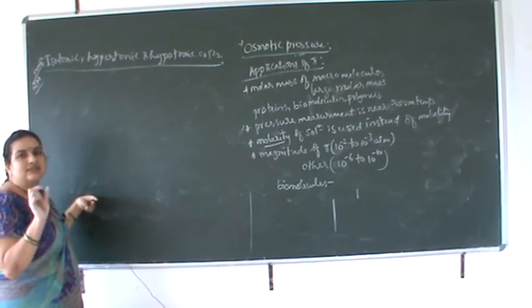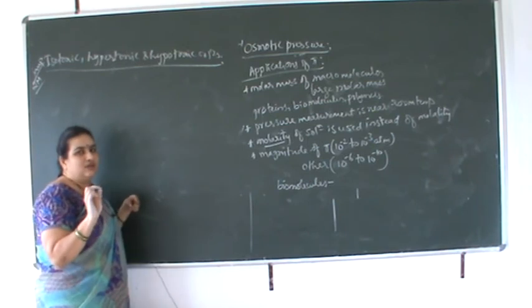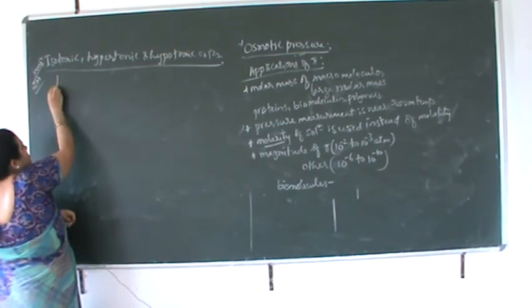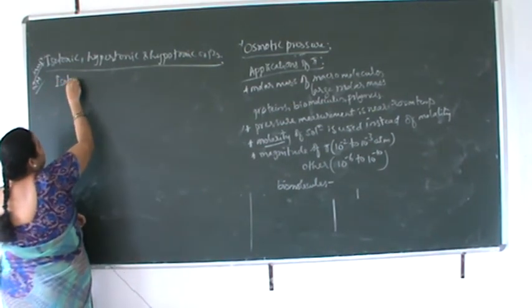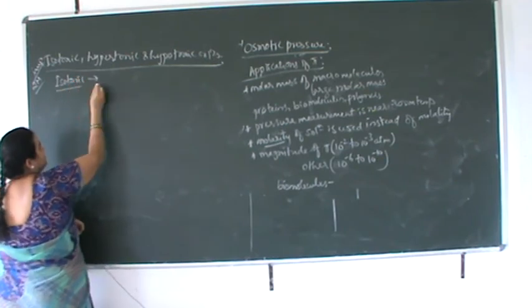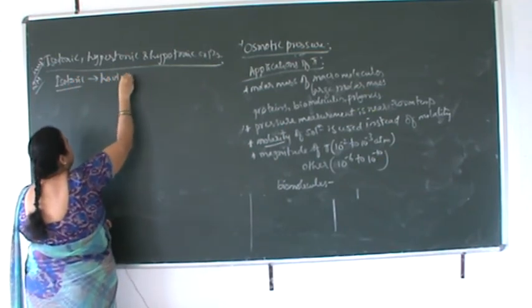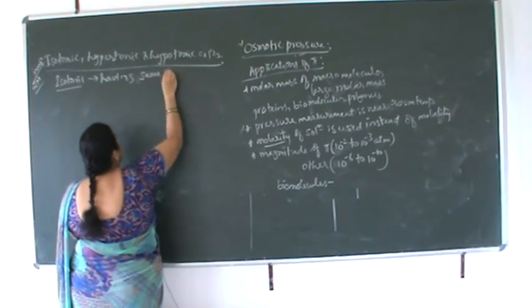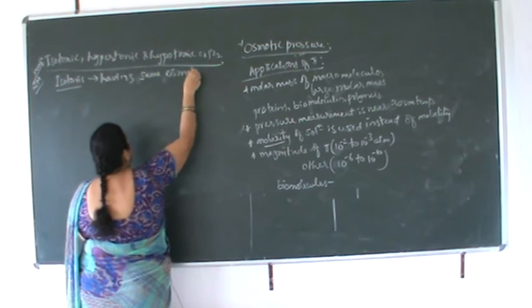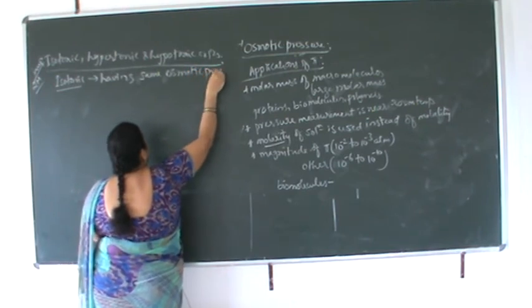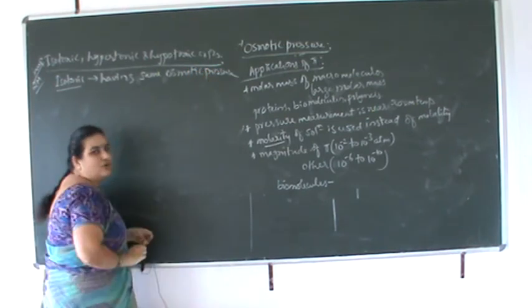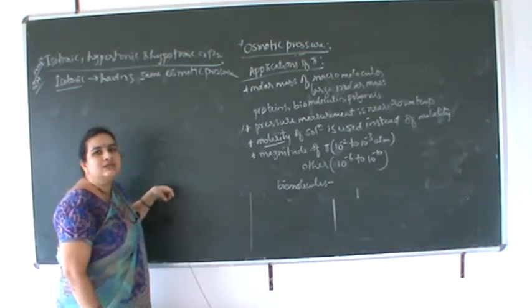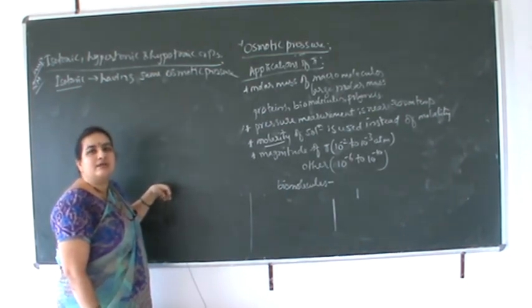Tone means it is related to pressure, so isotonic solutions are the solutions having the same osmotic pressure. Two or more solutions having the same osmotic pressure.